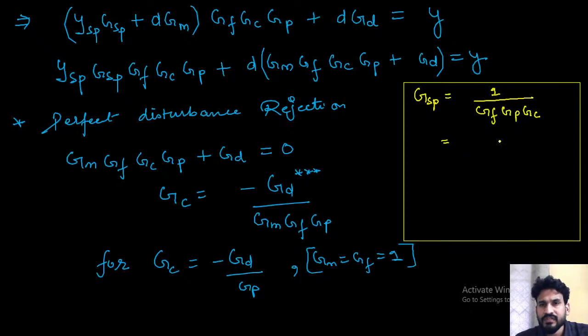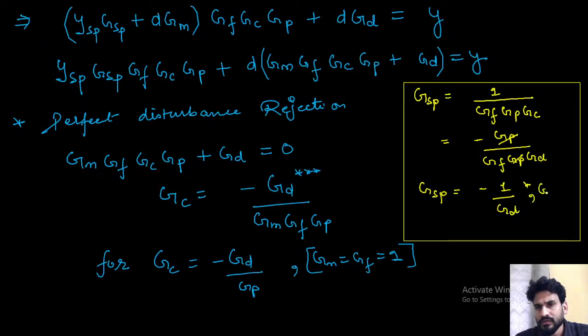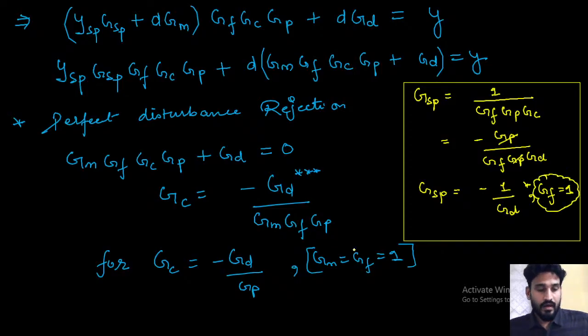Put the value of GC, it is my minus GD divided by GF, GP, GD. GP, GP got cancelled. GSP is equal to, if GF is equal to 1, then it is my minus 1 divided by GD. Okay, so these are very simple things.